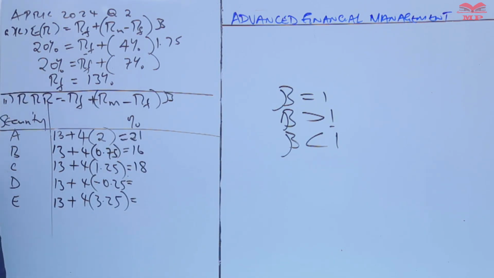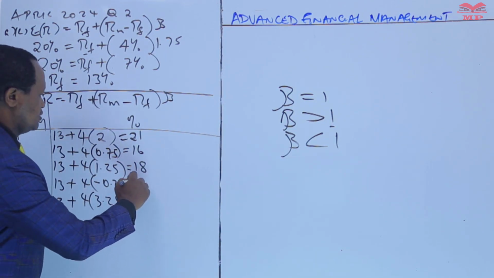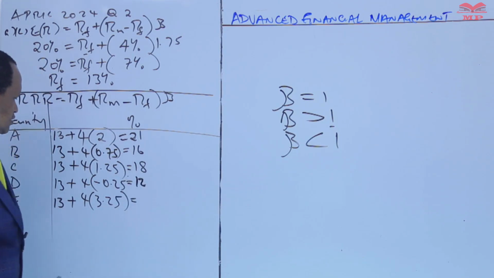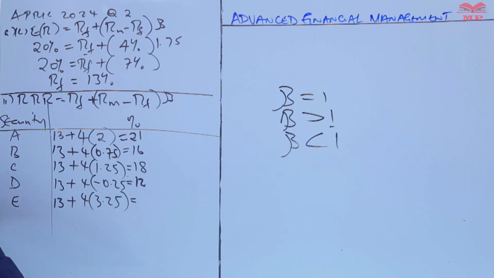Security D, Kevin says 12%. The last security, required rate of return, 26.